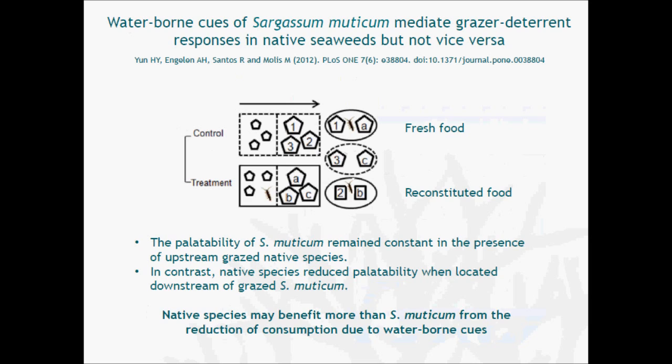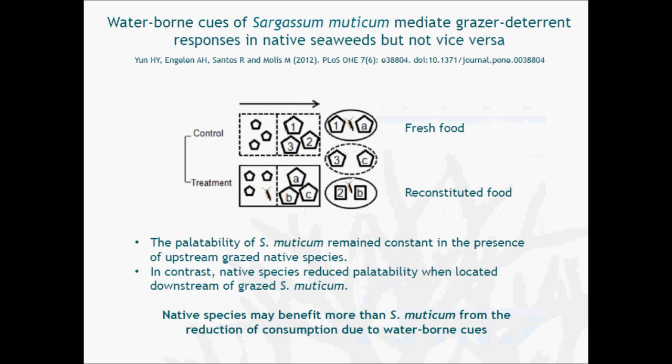the results of this? The results were really that Sargassum muticum doesn't change its palatability, doesn't react to any warnings. Though the seaweeds are in the other compartment being eaten by herbivores, Sargassum muticum stays the same. Okay, it doesn't react, doesn't produce any chemicals against herbivores, doesn't matter.